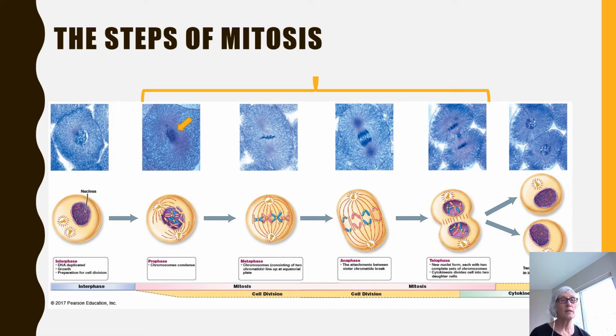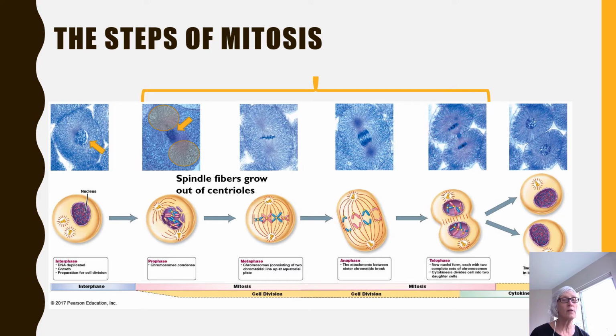The other thing that happens during this first phase of mitosis is we lose the nuclear membrane. The nuclear membrane starts to dissolve. This first phase of mitosis is known as prophase, and in prophase, the chromosomes do condense, but spindle fibers also start to grow out of structures inside of the cell known as centrioles.